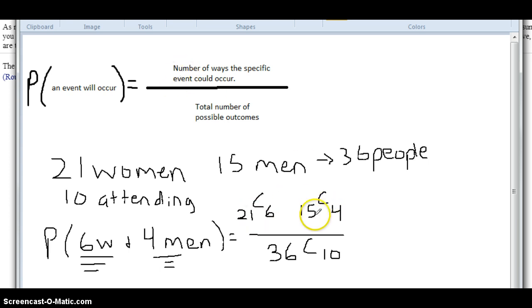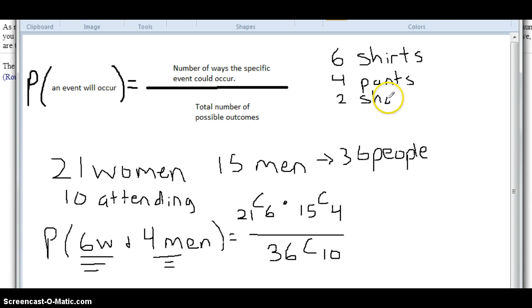So what do we do with these two things? Well, we need to multiply them, and that's the fundamental counting principle. Let me do it with an example here. Let's say you had 6 shirts, 4 pairs of pants, and let's say just 2 pairs of shoes.